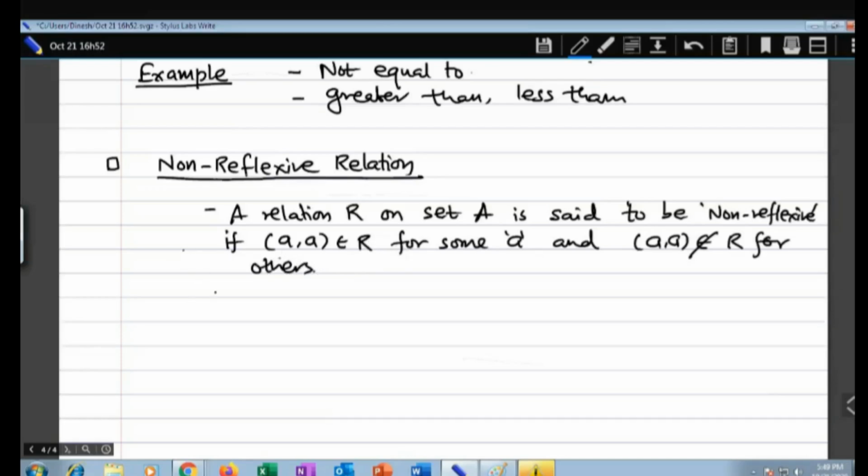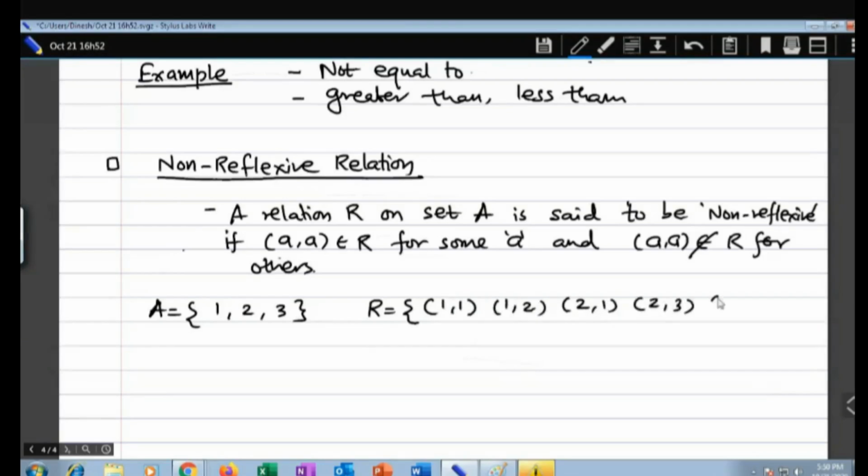For example, let's say A is a set where you have 1 comma 2 comma 3, and R is equal to 1 comma 1, 1 comma 2, 2 comma 1, 2 comma 3, and 3 comma 3. As you can find, 1 comma 1 is there, 3 comma 3 is there, but 2 comma 2 is not there.